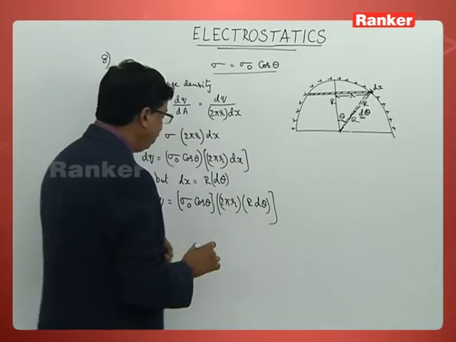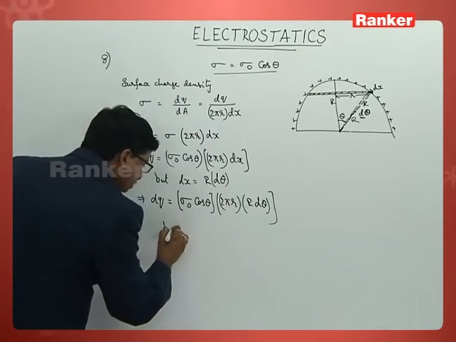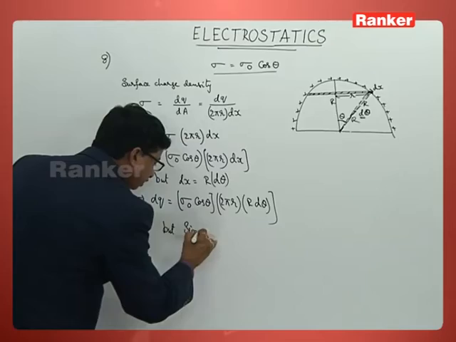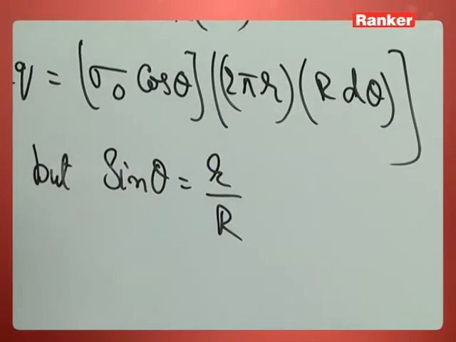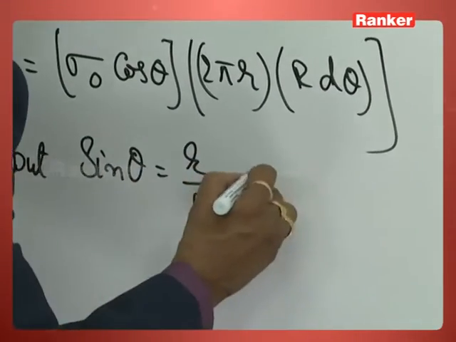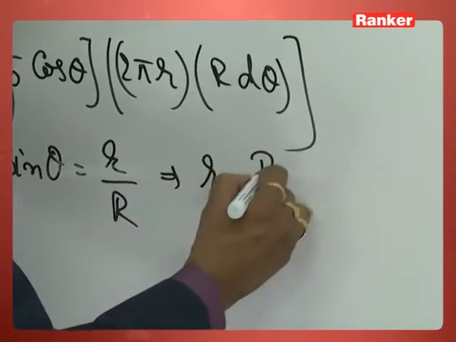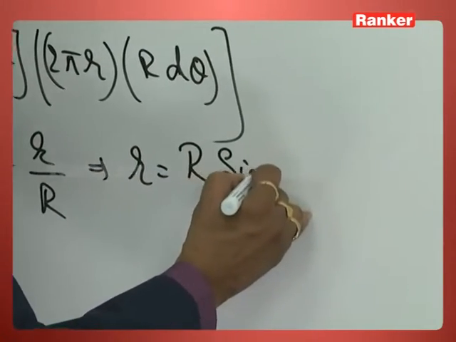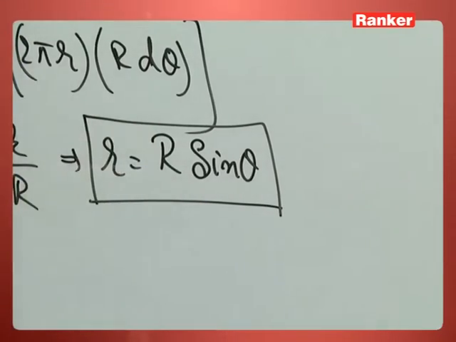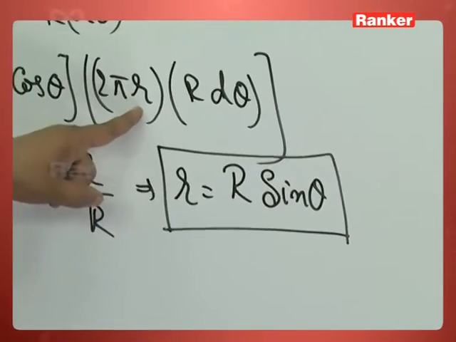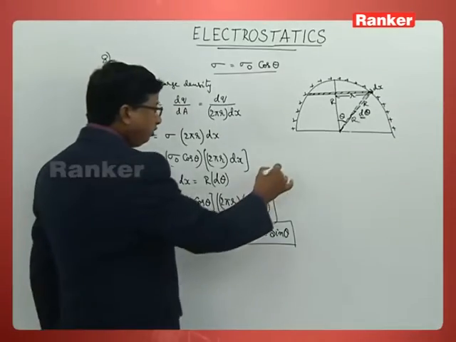So sin theta can be written as small r by capital R. So what else can I write from this? Small r is equal to capital R sin theta. This value you substitute in place of small r. Then what are you going to get?